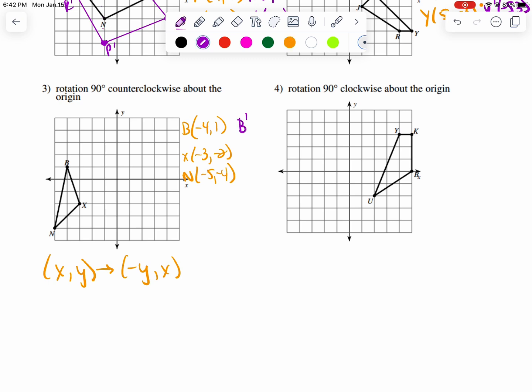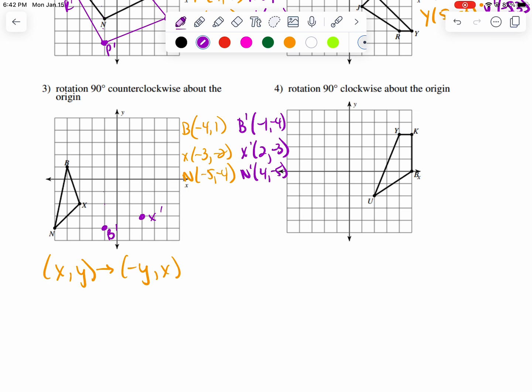Okay, so again, we're going to use this rule. So B prime is going to be negative 1, negative 4. X prime is going to be 2, negative 3. And N prime is going to be 4, negative 5. Okay, so negative 1, 1, 2, 3, 4. So here's B prime. 2, negative 3 is X prime.